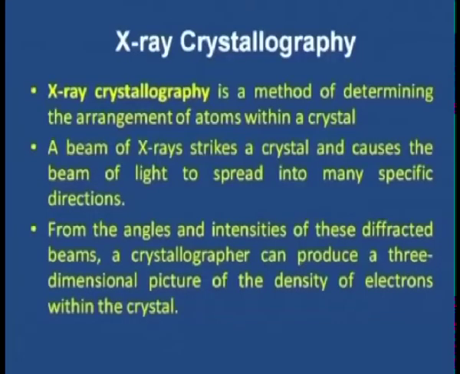A beam of X-rays strikes a crystal and causes the beam to spread into many directions. From the angles and intensities of these diffracted beams, a crystallographer can produce a 3-dimensional picture of the density of electrons.